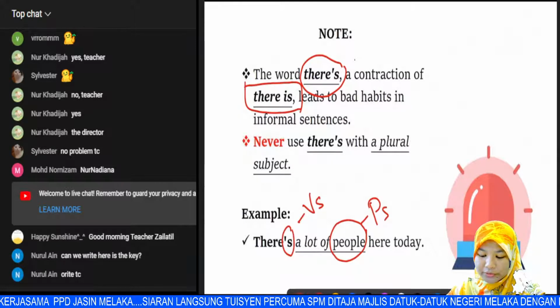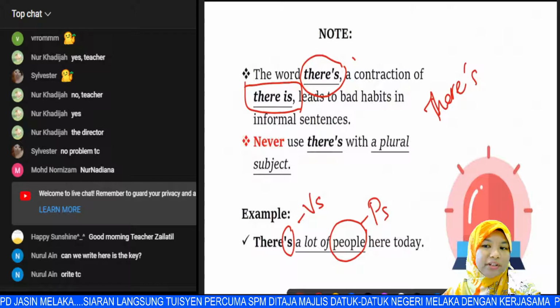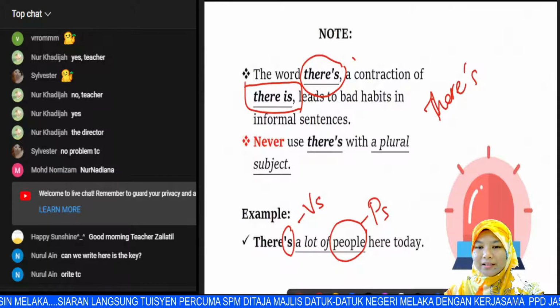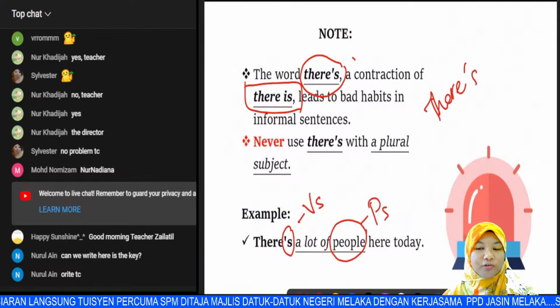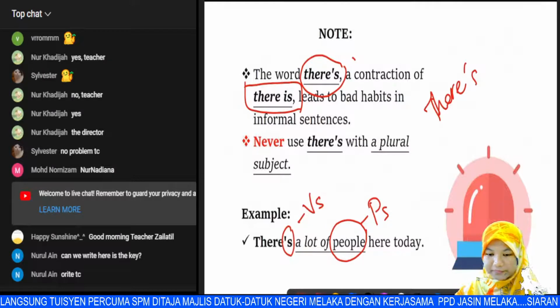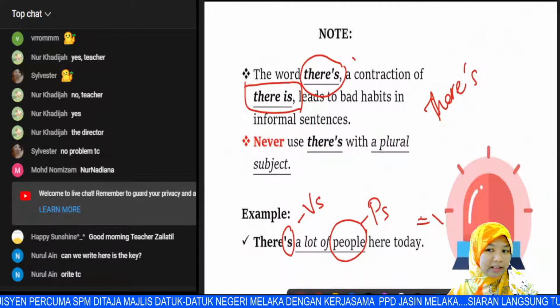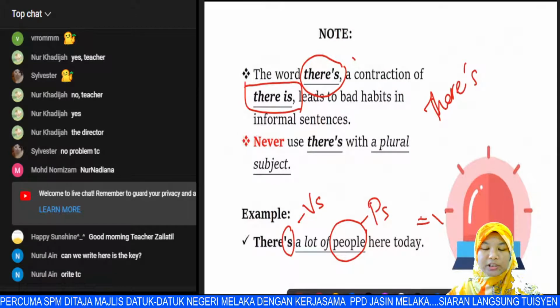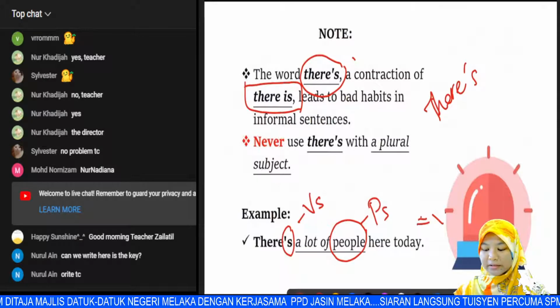So when you make use of the habit of using contraction, sometimes you commit this kind of mistake. It's grammatically incorrect because the verb and the subject did not complement. Okay.